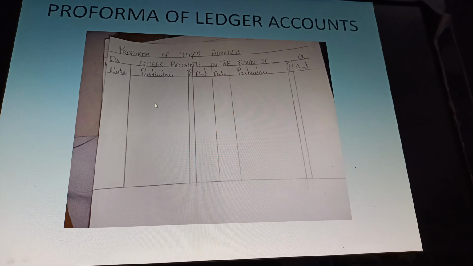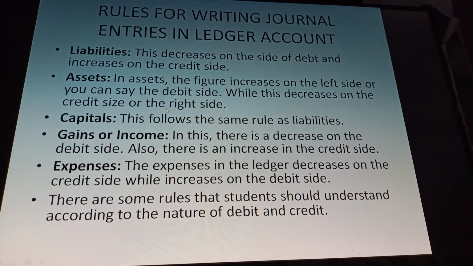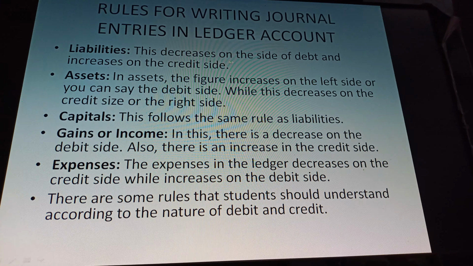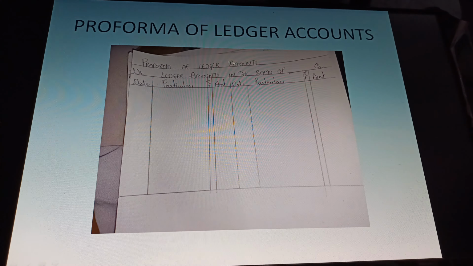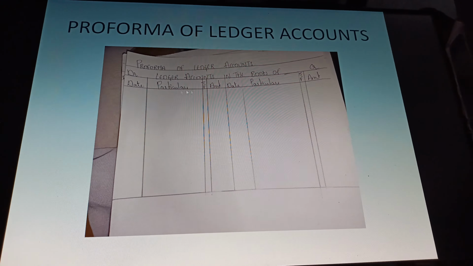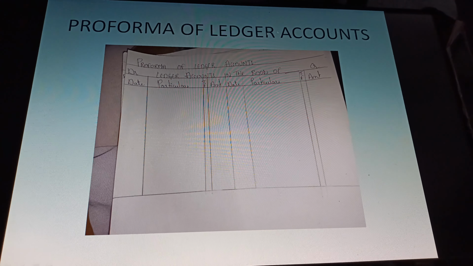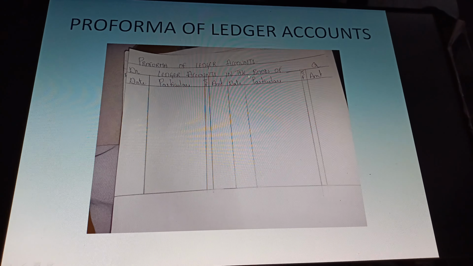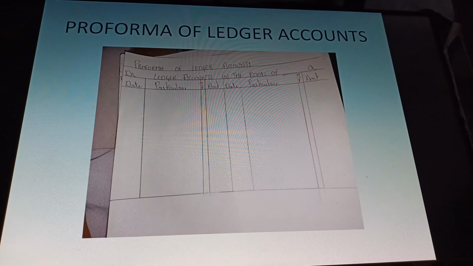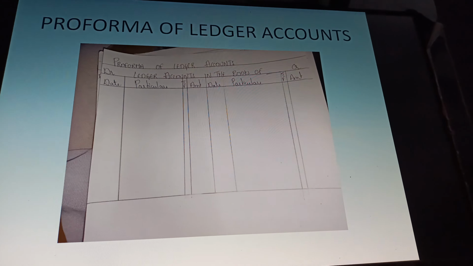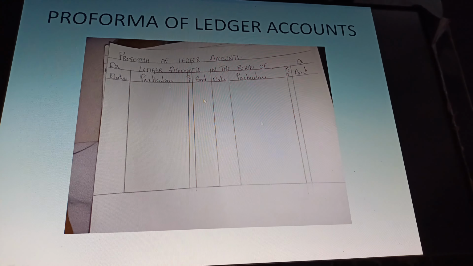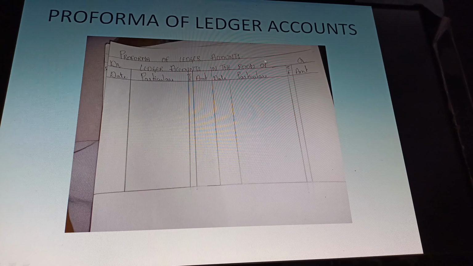For suppose, here we are writing decreases on the debit side and increases on the credit side. Whenever we write the liabilities account, we will write it here, and we will write it here also. In the further classes I'll explain how to convert journal entries into ledger, but this is a pro forma we need to understand carefully. Debtor, creditor, ledger account in the books of dash.